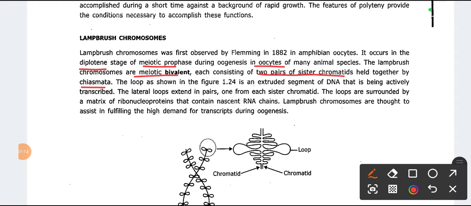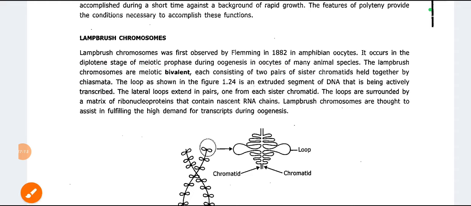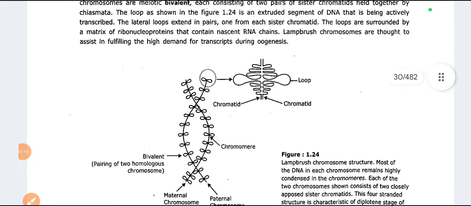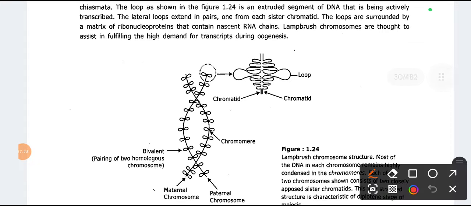This figure shows that there is a segment of DNA that is being actively transcribed.